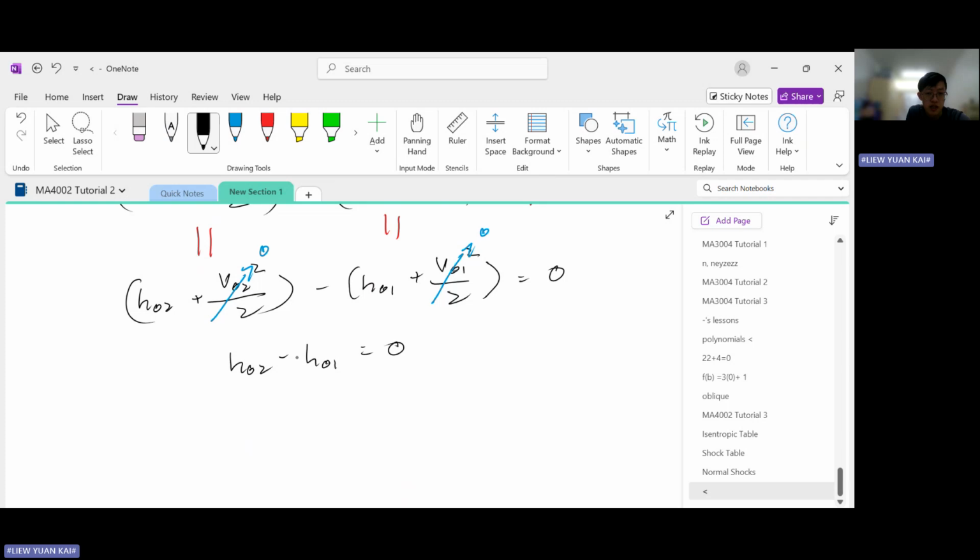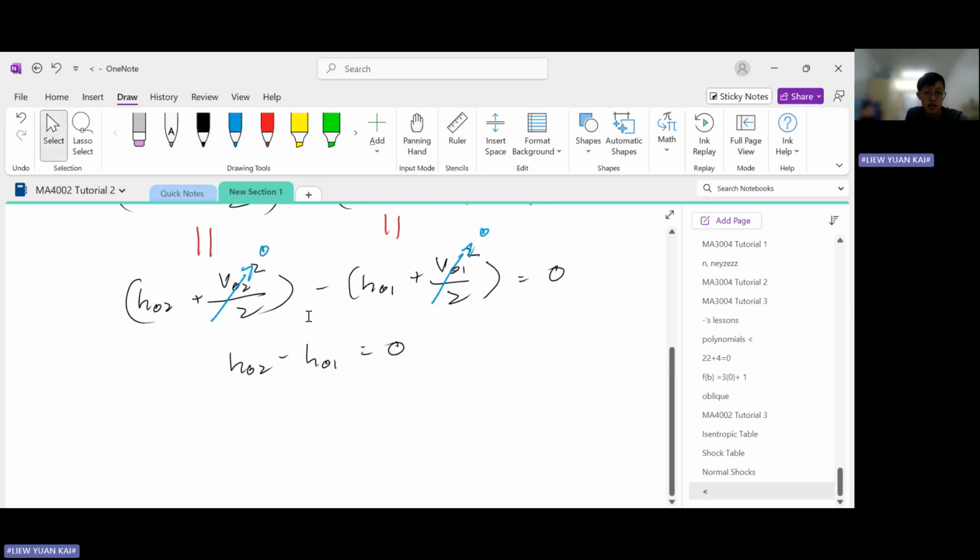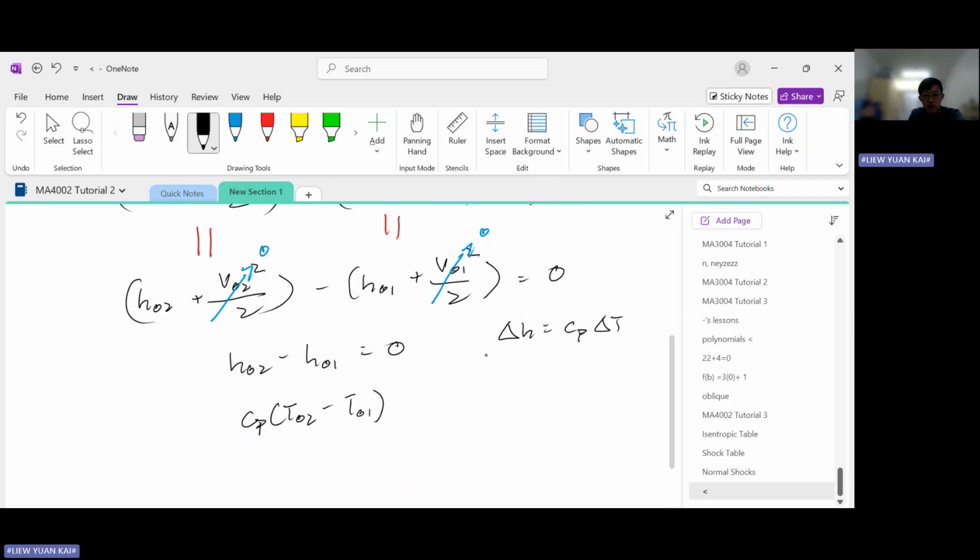So this is the enthalpy change between the stagnation points. You remember, to find enthalpy change, you use the formula Cp (T02 minus T01). How do I get this? It's because I know that enthalpy change is given by the formula Cp delta T. This is an old formula that we have been familiar with since thermal fluids.